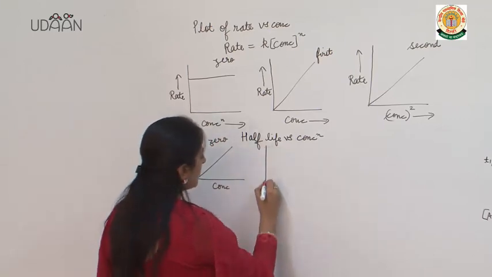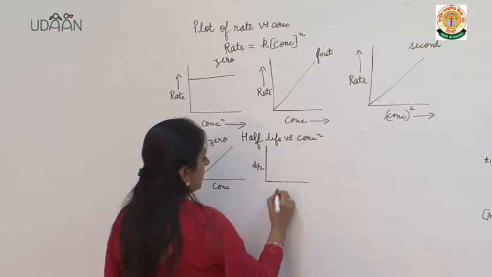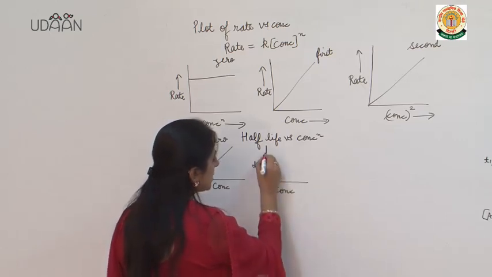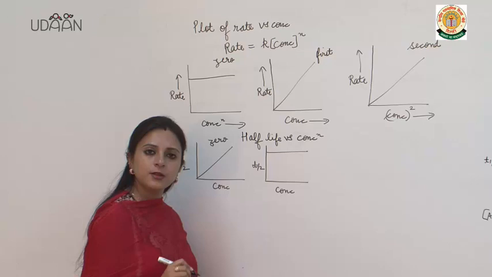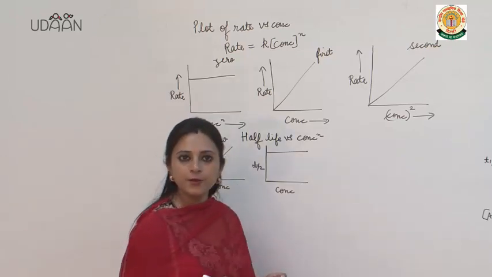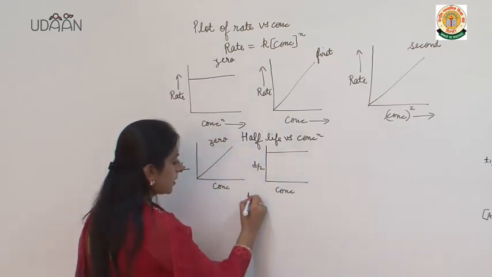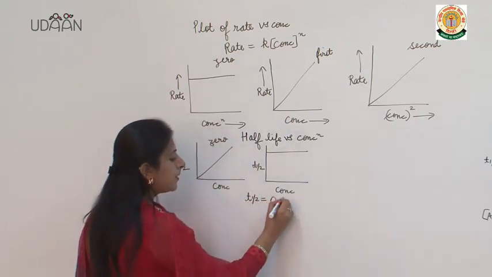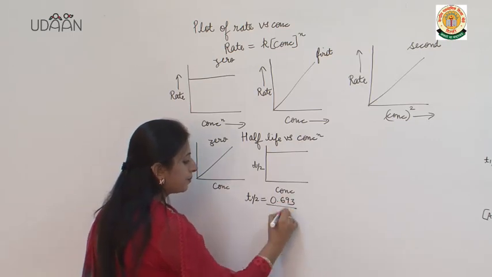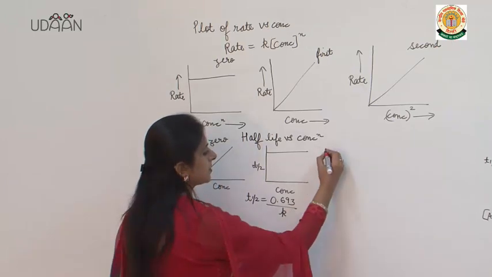Now in case of a first order reaction, the half-life is independent of concentration, it does not depend upon the concentration. जब हमने इंटीग्रेटेड रेट इक्वेशन डिराइव की थी फर्स्ट ऑर्डर की, तो हमने देखा था that t half का फॉर्मूला क्या आया था, it was 0.693 by K. That means it does not involve concentration, it is independent of concentration.